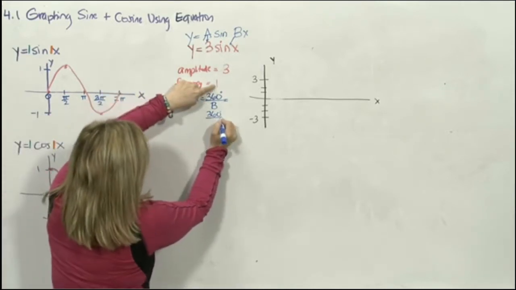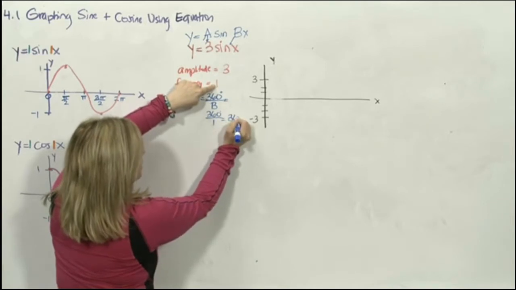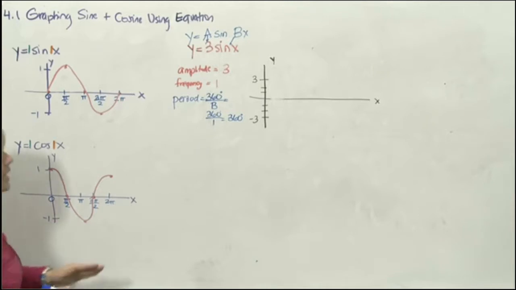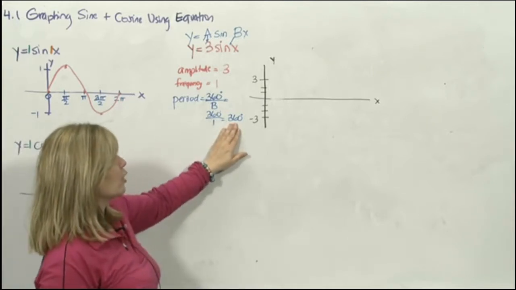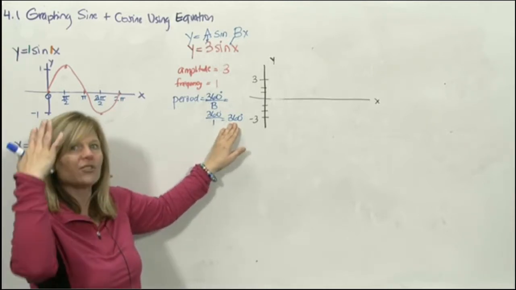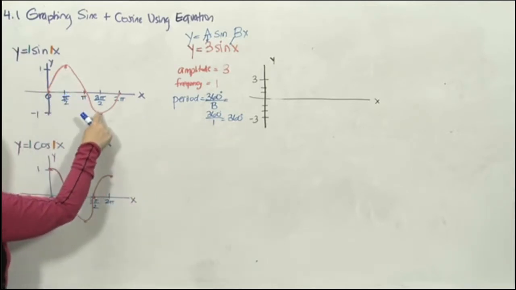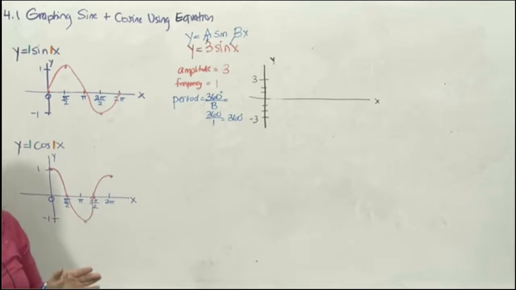We are only drawing one curve here, which means we're still going to need the full 360. If we need 360 degrees to make a sine curve, we have to plot how many points? 5. To make the sine curve, you need 1, 2, 3, 4, 5 points to do it completely.